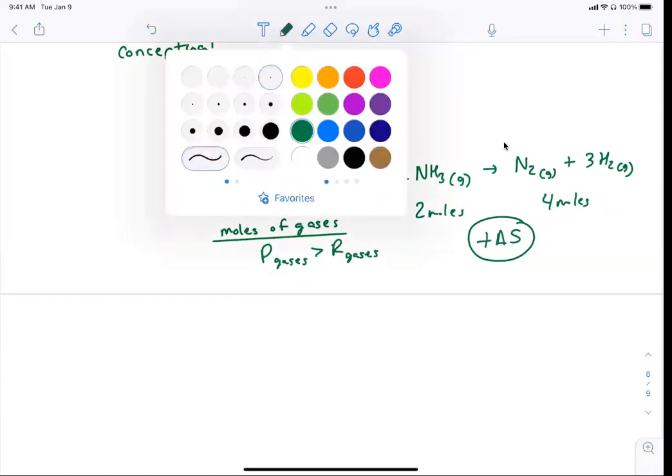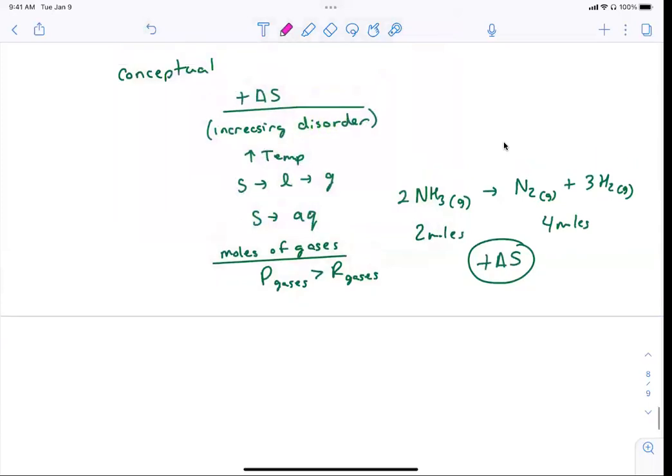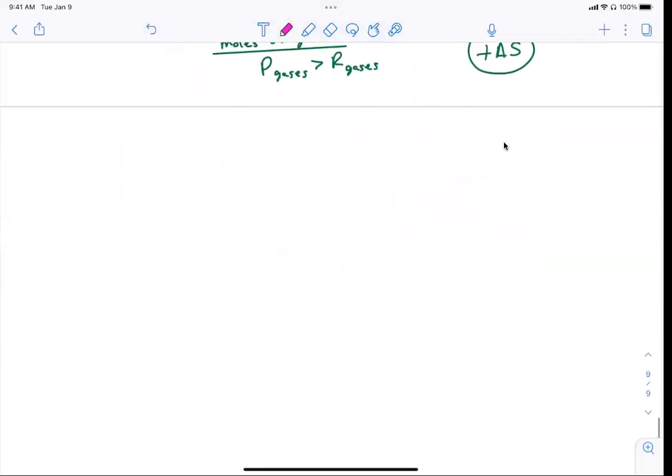Now, that's what we're getting to. Gibbs free energy. Delta G is Gibbs free energy, or the change in Gibbs free energy, I should say.